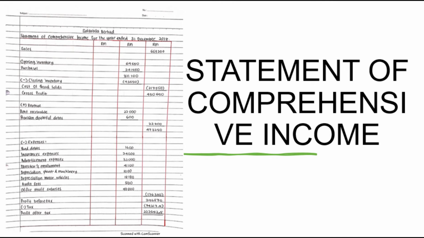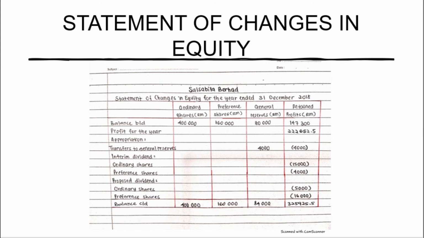222,652.5. In the statement of changes in equity for the year ended 31st December 2018, there are 4 things in changes in equity, which is ordinary share, preference share, general reserve, and retained profit.